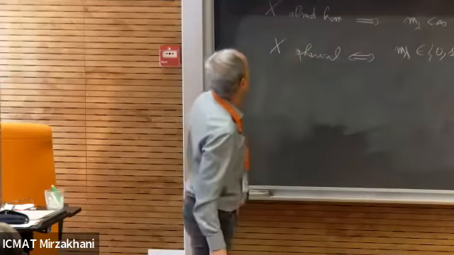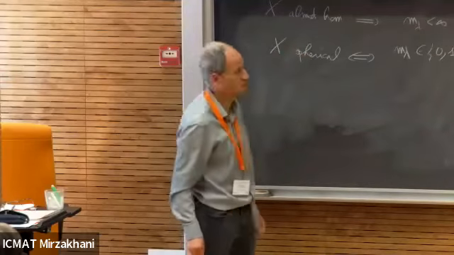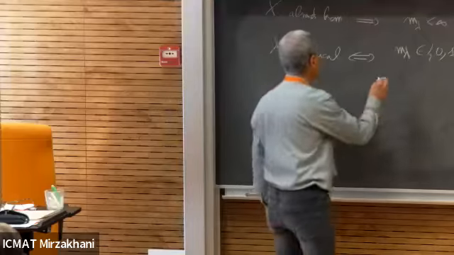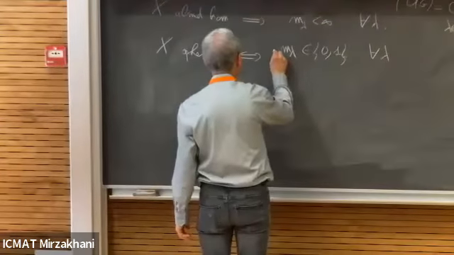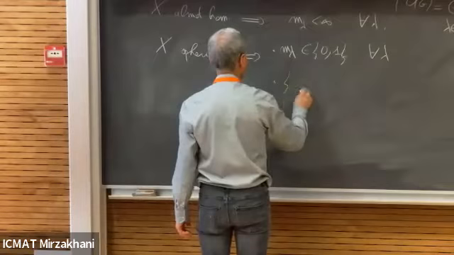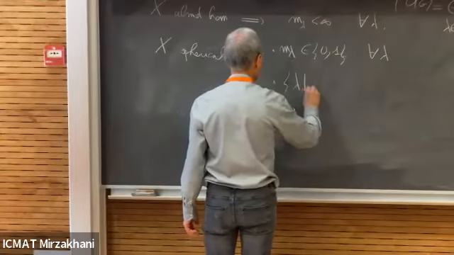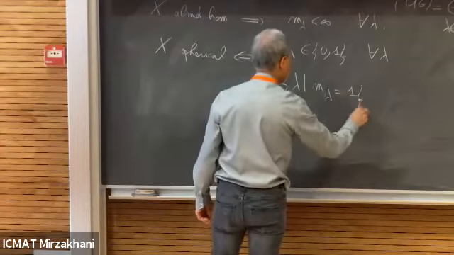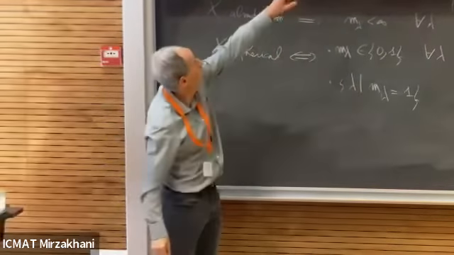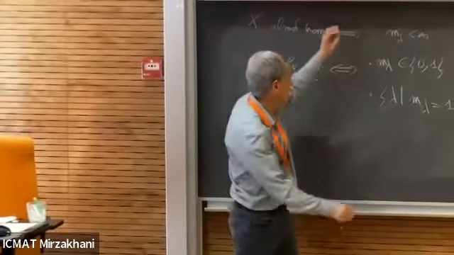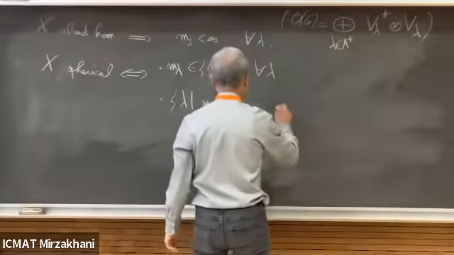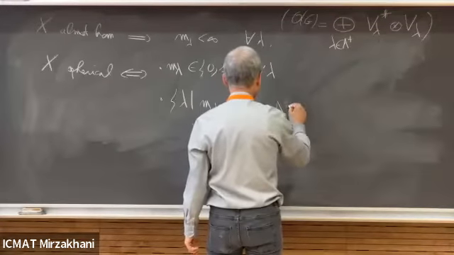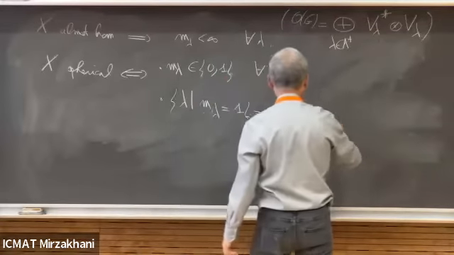But then in the definition of spherical varieties, you also have a normality condition. And this gives you the second condition. The set of lambda such that m lambda is 1, the set of irreducible representations which do appear, should be the intersection of some lattice with some cone.